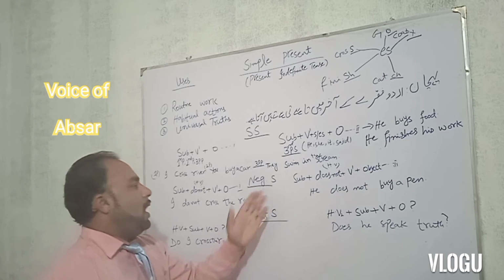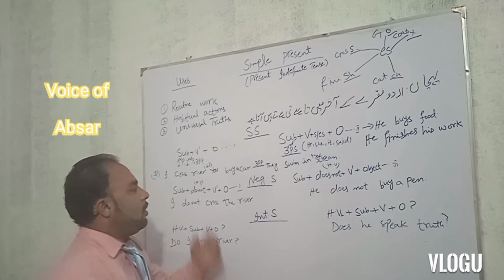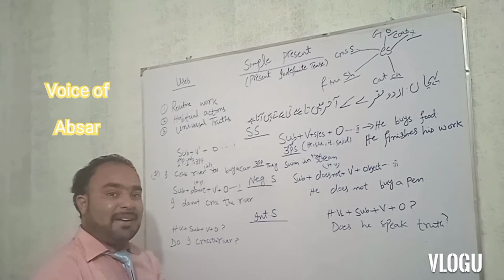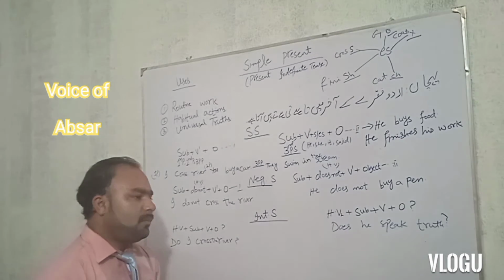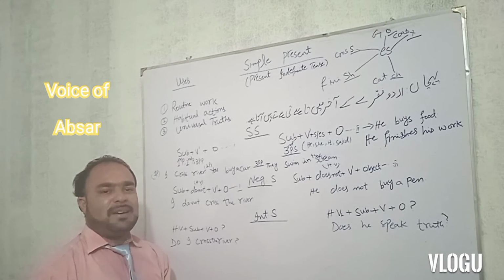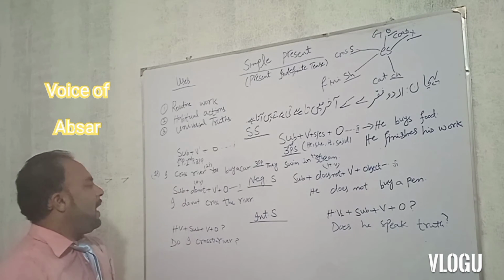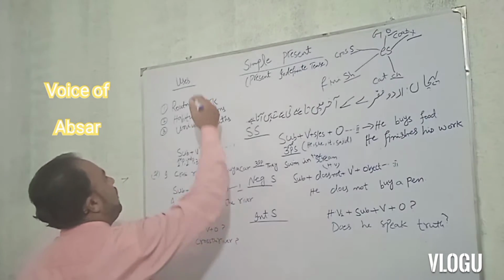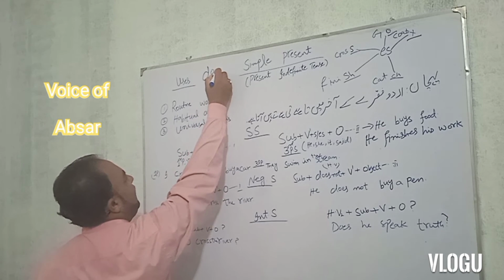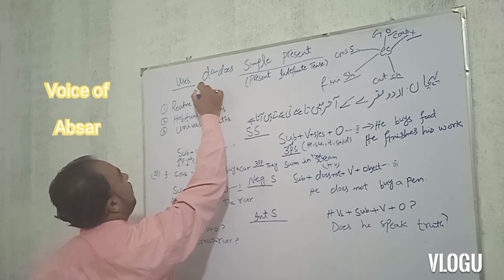So now we will go towards negative sentences. How do we make the negative of this tense? We put a helping verb which is known as do, and its other form is does.